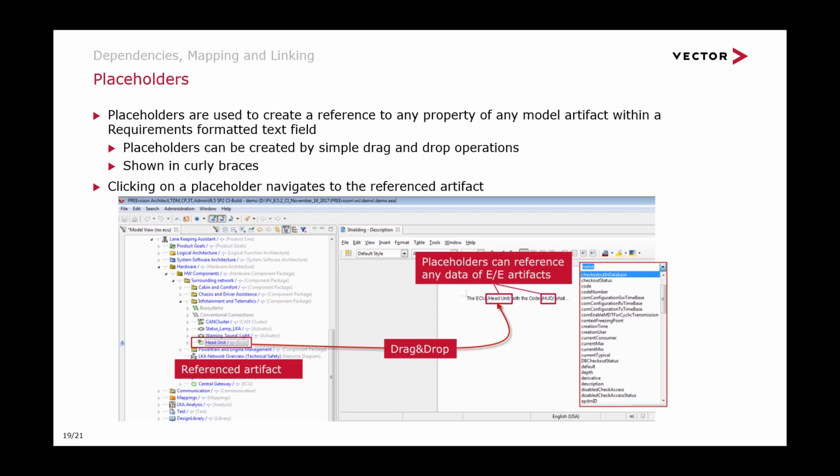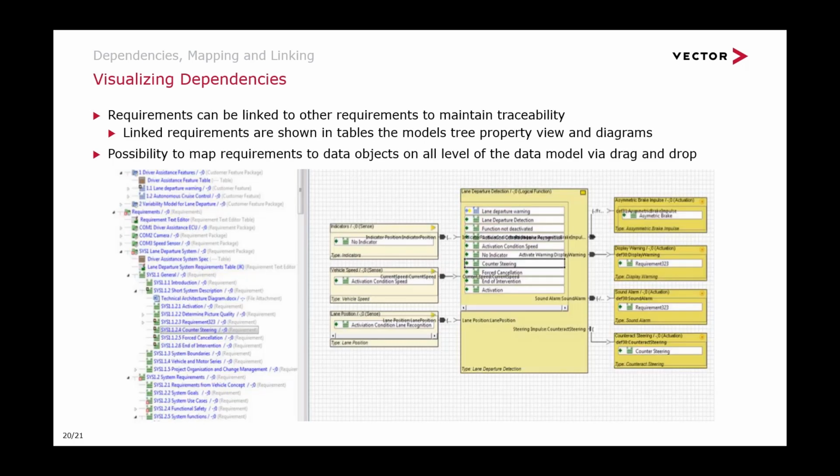Even if someone goes and changes the name of something or changes the value of an attribute, your placeholder will always stay in sync with whatever the value of that artifact actually is. Very powerful idea.